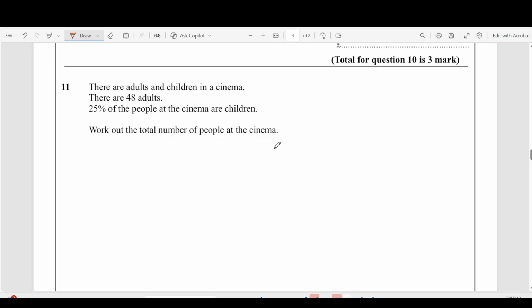Work out the total number of people at the cinema. Did you get the question or should I explain? You get it? Very good.